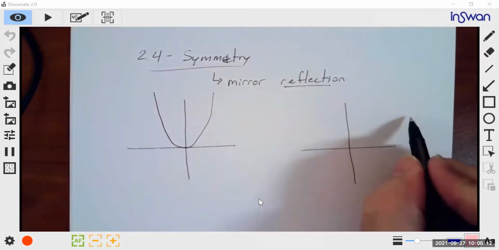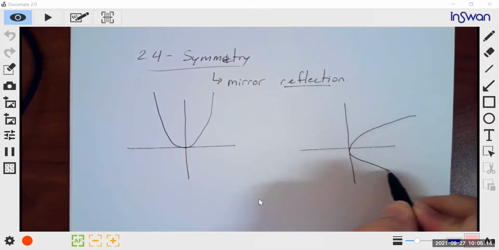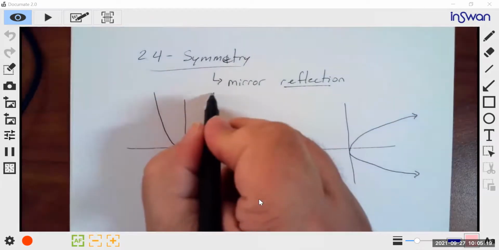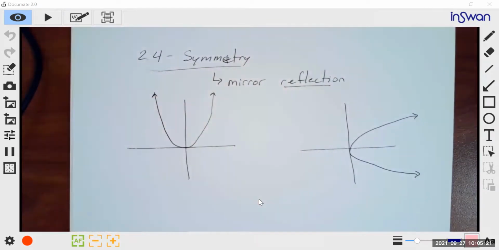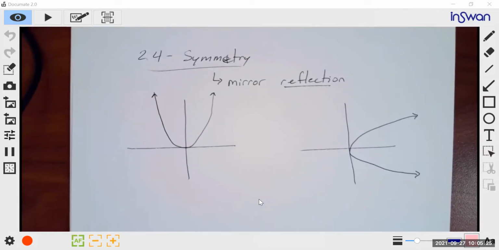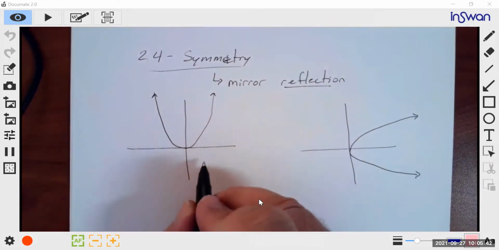That one and that one. Are they both functions? Remember how you test if it's a function? The vertical line test. This one's a function, but this one's not. So be very careful about that.